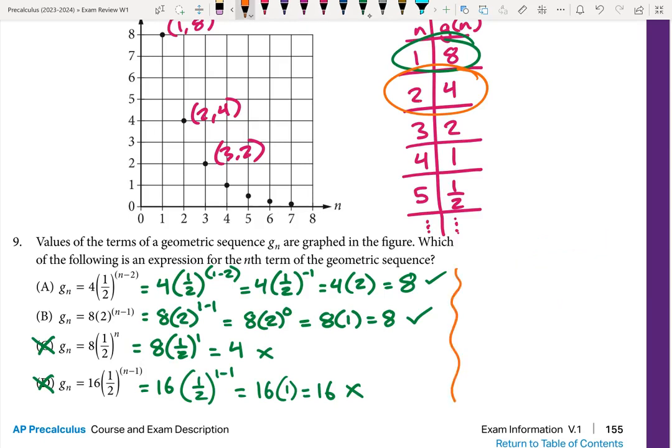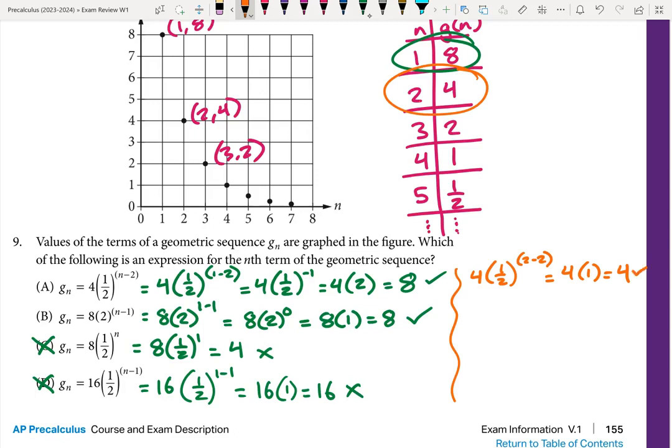So this does require us to remember our exponential properties. 4 times 1/2 to the 2 minus 2. What is 2 minus 2 again? What's anything to the 0 power? And so, does that give us what we want? Yes, it does.